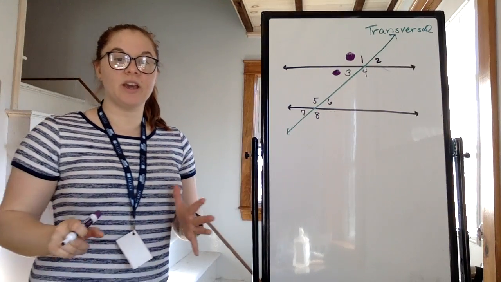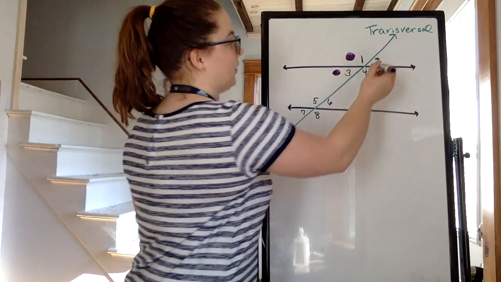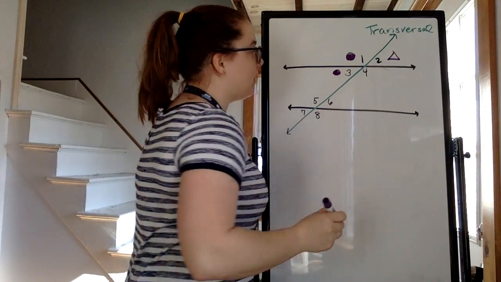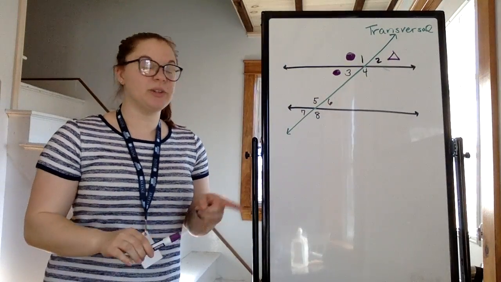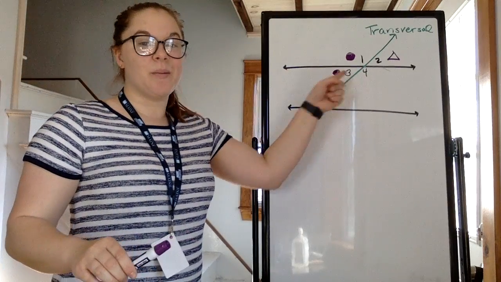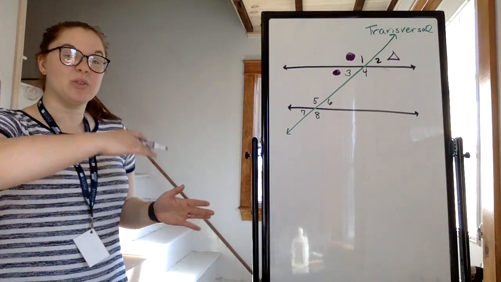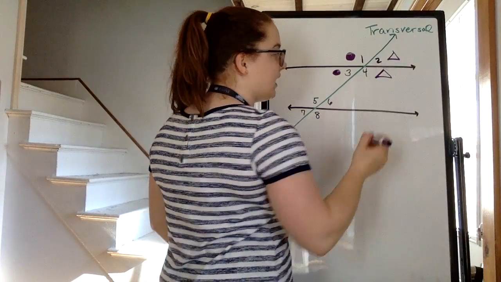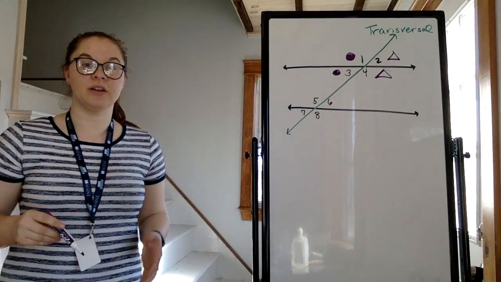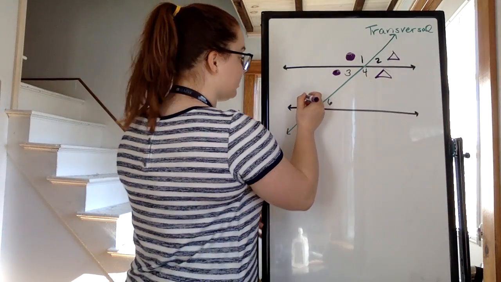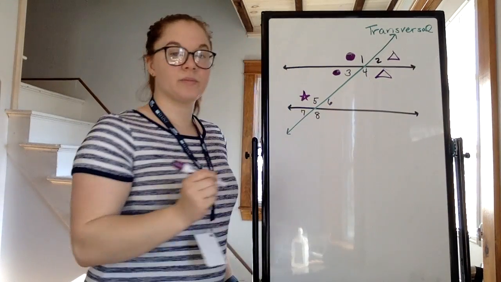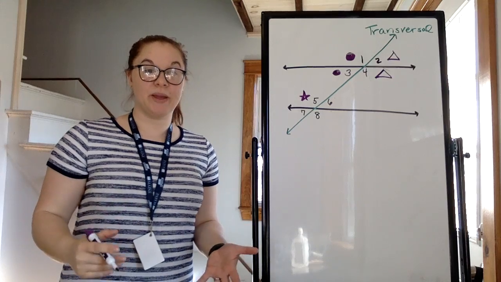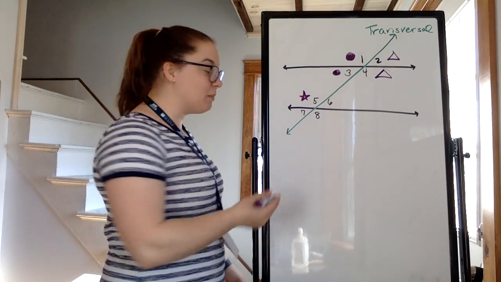If we were talking about angle 2, well, it is supplementary with 1 and 4, but it's on the same side, the right side of the transversal with 4. So 4 is its same side interior angle pair. With 5, our same side interior angle pair would be complete with 7.